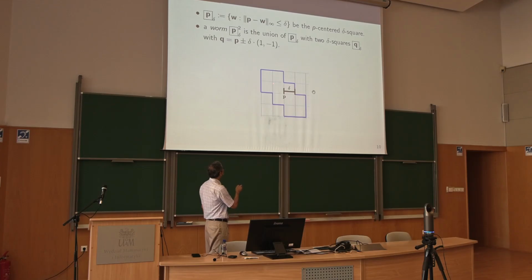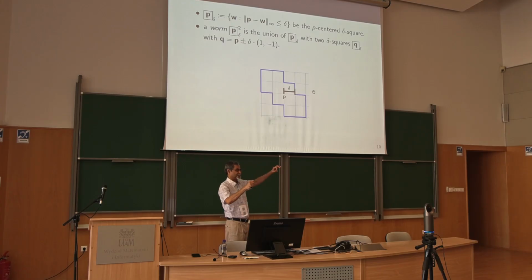Their centers, one is here, another is here, and this is exactly the definition. If you take the union, we get what we are calling the worm, P delta 2. Actually, you could have generalized it for any number. That's why the name came. It looks like a worm. That's why we chose the name.